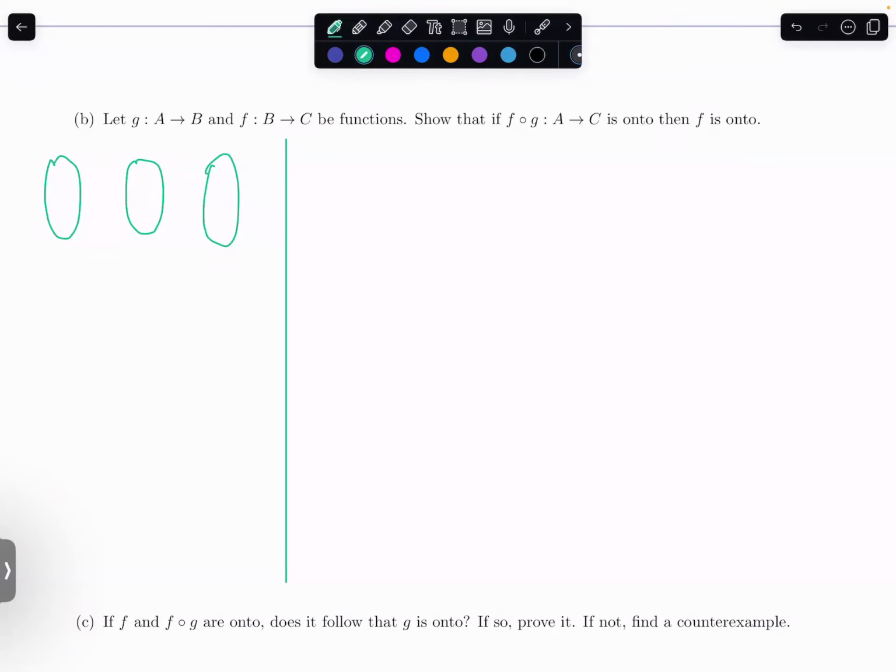Okay, so we have G from A to B, and then F from B to C. If F of G is onto, then is F onto?